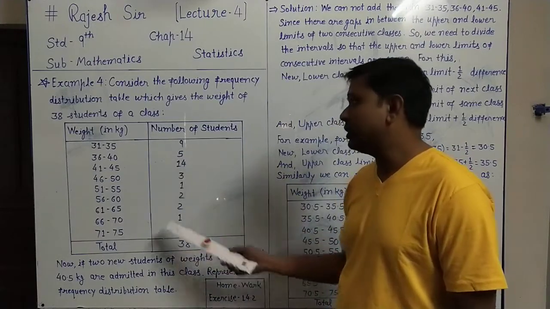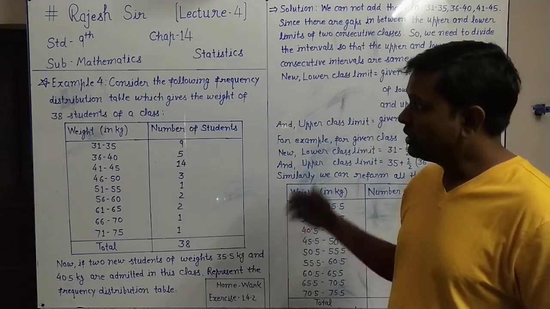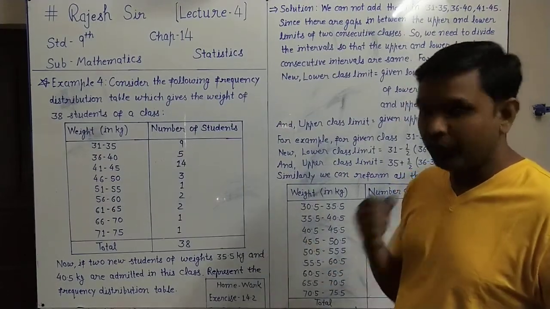So total 38 students with their weight categories this way. And this is the frequency distribution already given in the information.